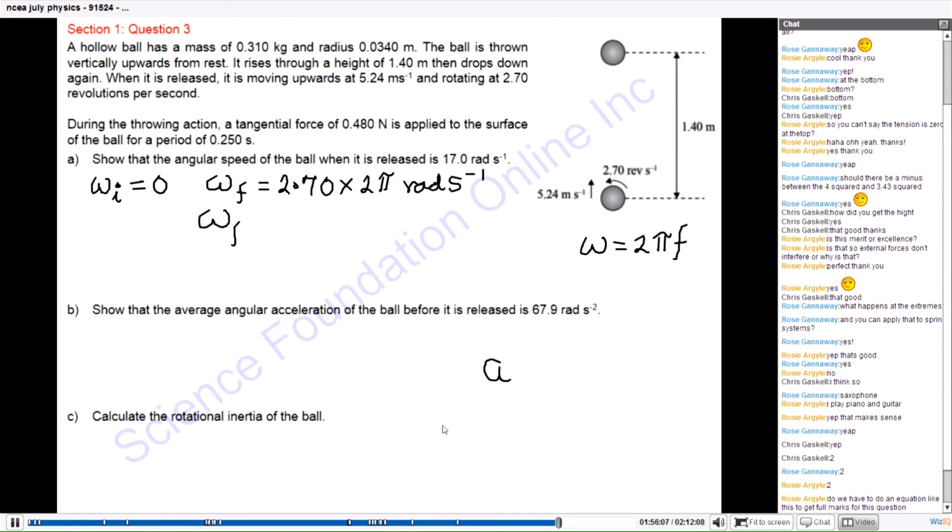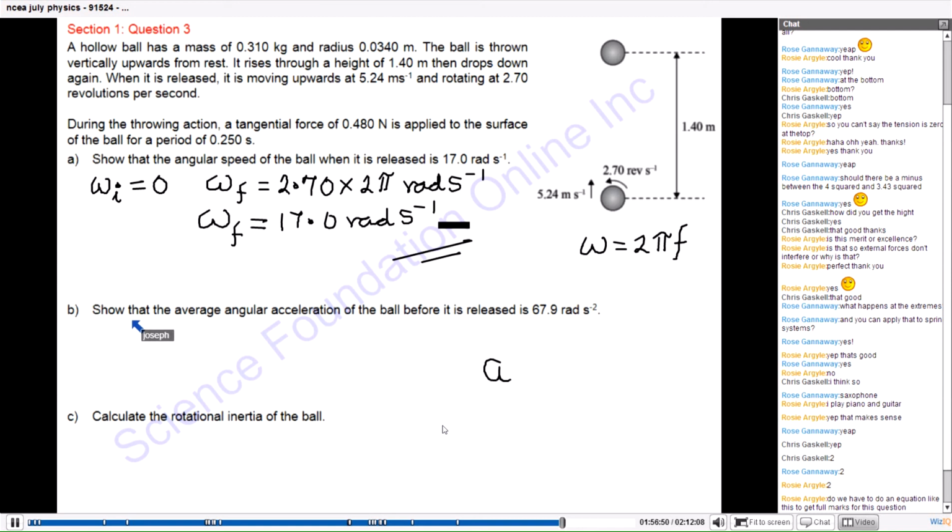Omega final, when you multiply this out, 2 pi times 2.7, gives us 16.96, or basically 17 radians per second.